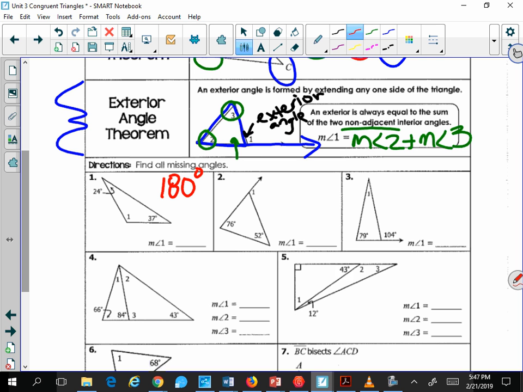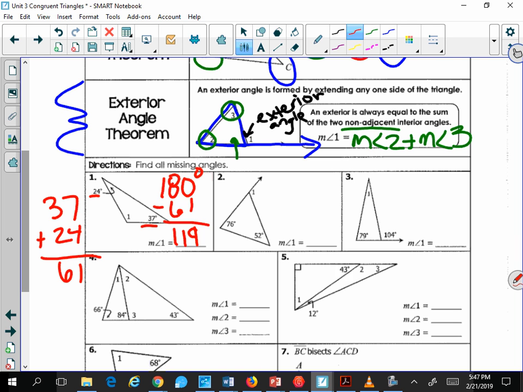I also know that 37 and 24 degrees are taken up by the other two angles. So I'm going to figure out what that is. 37 plus 24 is 61. In order to find what the other angle is, I'm just subtracting from 180. Measure of angle 1 is 119. I don't think that's too tricky.